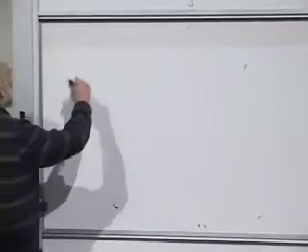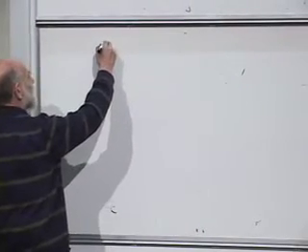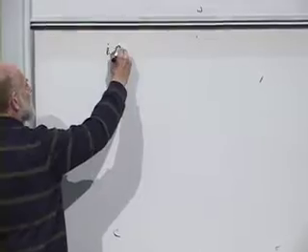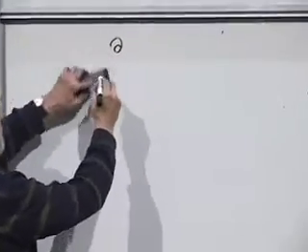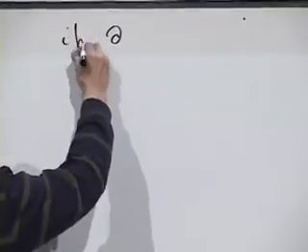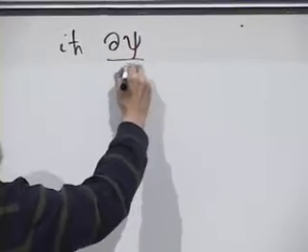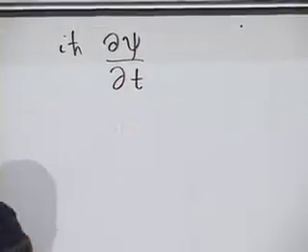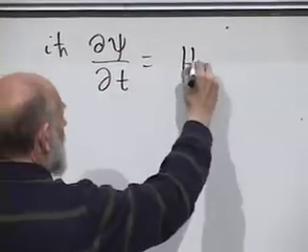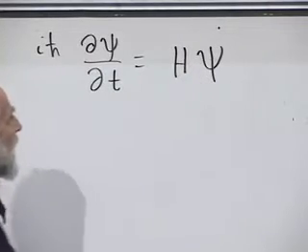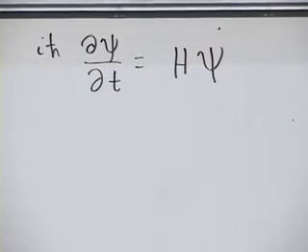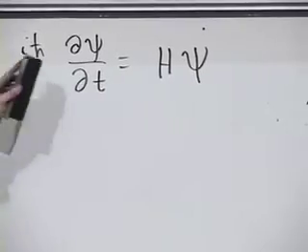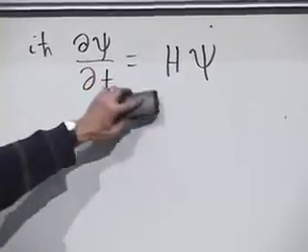So our basic rule is that i h bar d psi by dt is equal to H psi, right? Do I have it right? Is that what I told you in the beginning? Yeah, all right. i h bar times d psi dt. Now, what is H?